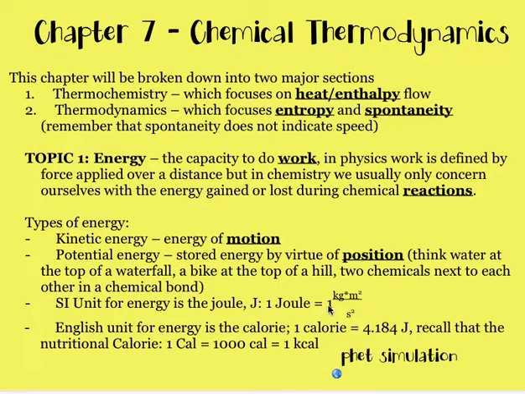And 1 joule is 1 kilogram meters squared per second squared. There's also the English unit, which you guys are all very familiar with, called the calorie. And when we say that you eat so many calories a day, calorie is energy, so you're eating so many energy units a day.